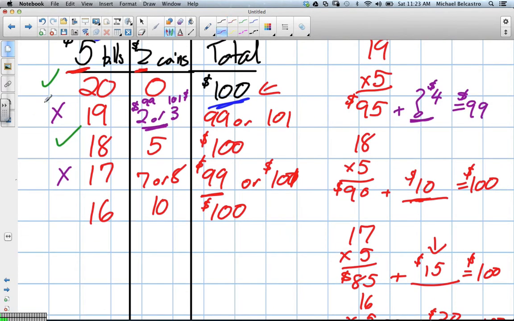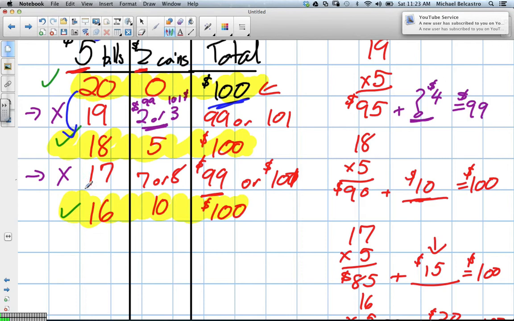Now, what's important is this one and this one didn't work for us, but we have 3 that do. So what I'm going to do is highlight them, and we're going to see if we can draw a pattern from the 3 that are highlighted. I know it looks messy because we have 2 lines that didn't work. But what did we move by with the $5 bills every time? 2.